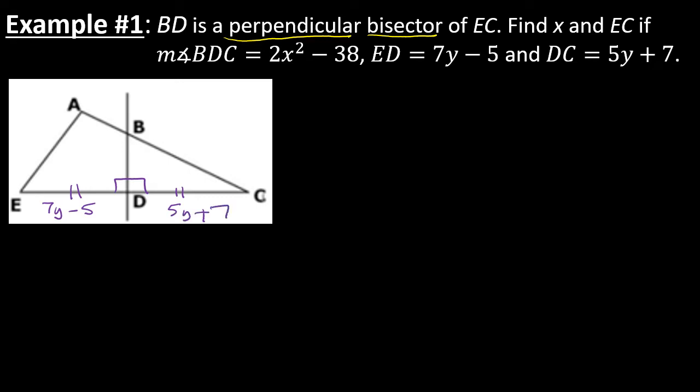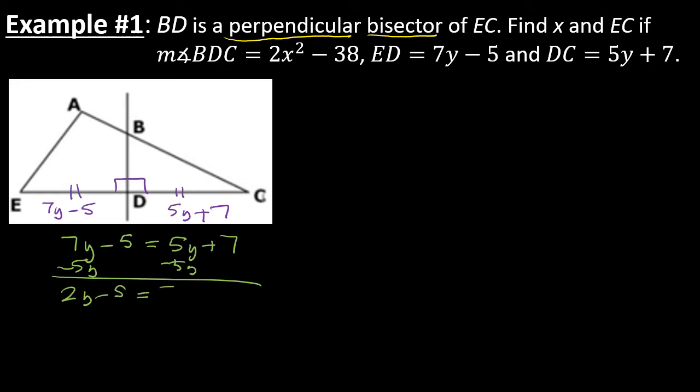So I think I'll just tackle the segments first. Because this is a perpendicular bisector with two congruent segments, that will allow me to say that 7y minus 5 equals 5y plus 7. If you want to do a little bit of quick algebra, it's probably easier for you to do this on your own versus copy what I do.